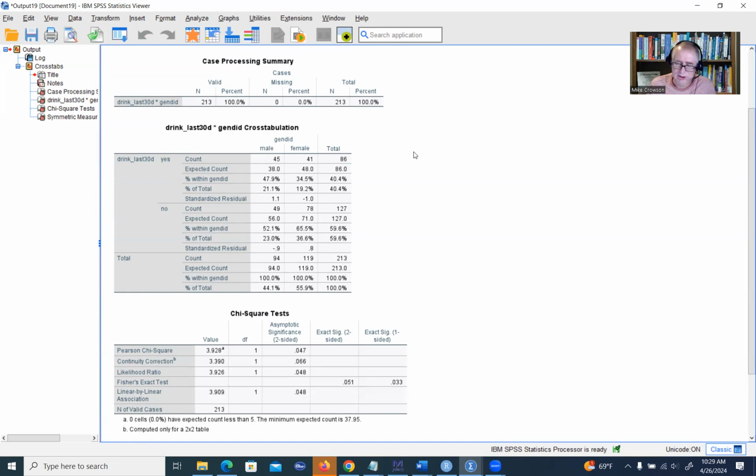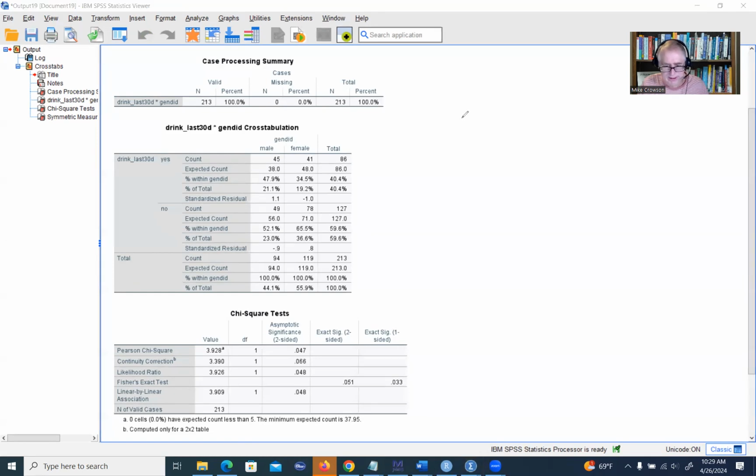In addition to making that inference, we also want to describe what's going on in our data more precisely, and that's where the crosstabs table comes into play. This is our contingency table up here.